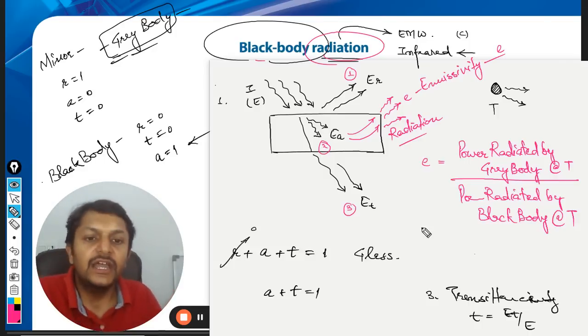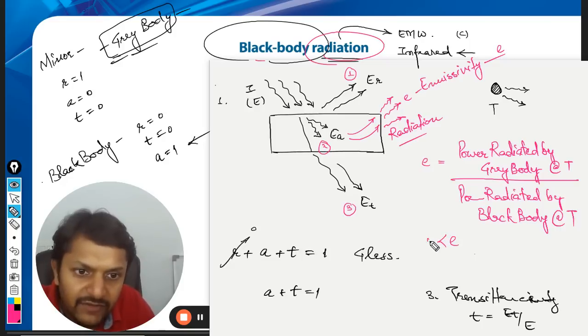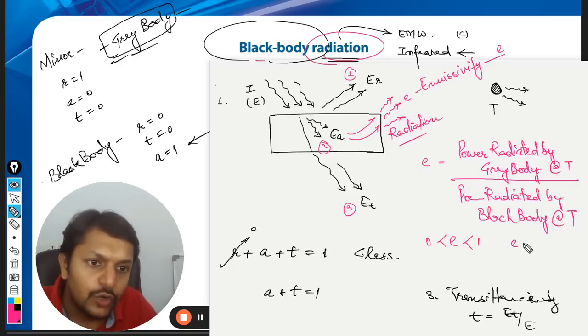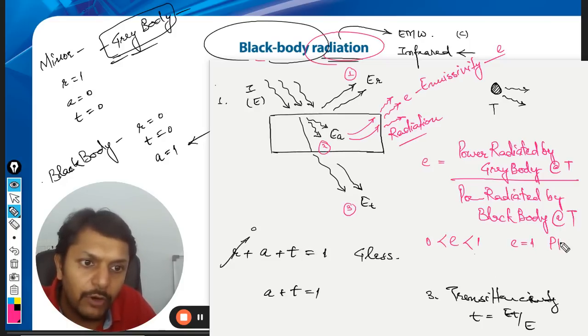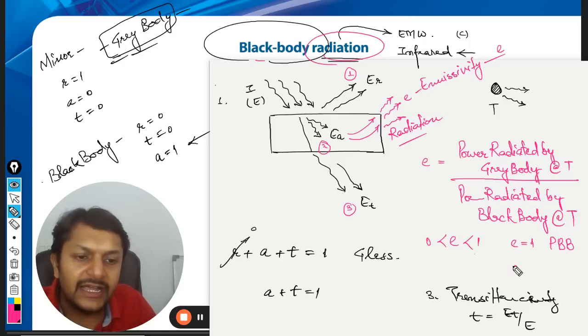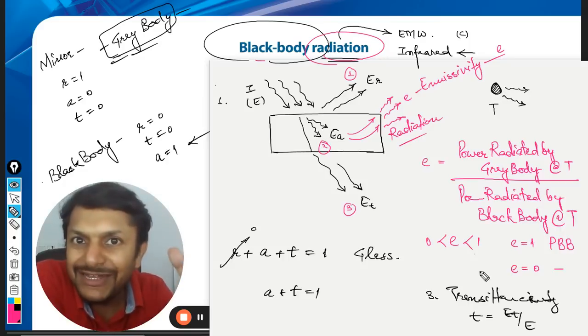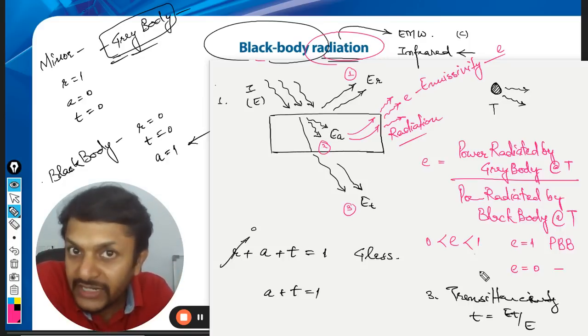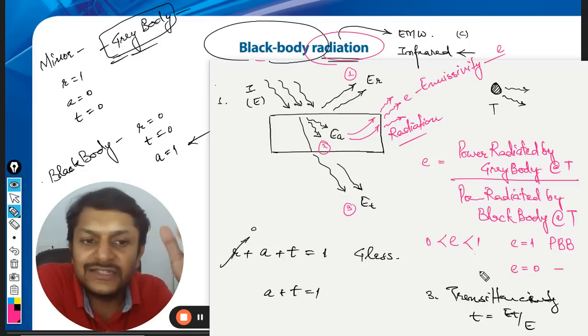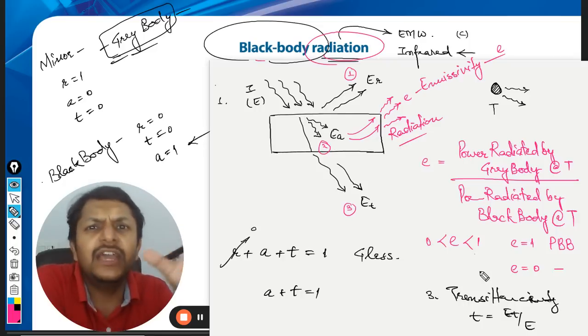Okay, that is E. Now this emissivity has a value from 0 to 1. So E equal to 1 means that you're talking about a perfectly black body, and E equal to 0 means you're talking about a body which is not emitting at all. Such a body does not exist, by the way. So E is never 0, but E equal to 1 is a perfectly black body.